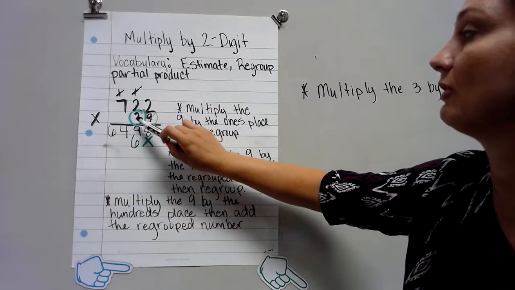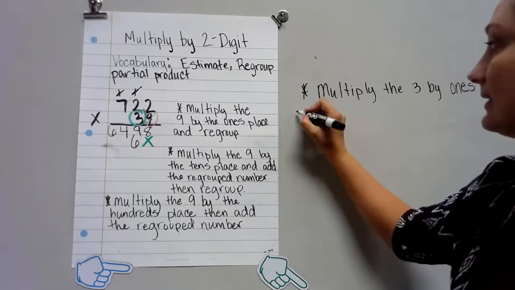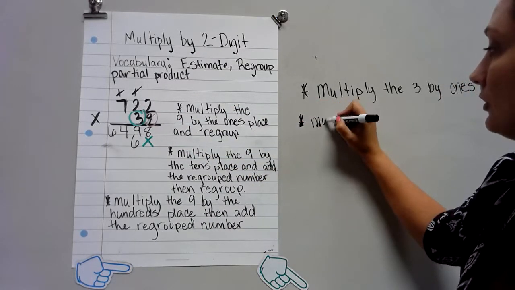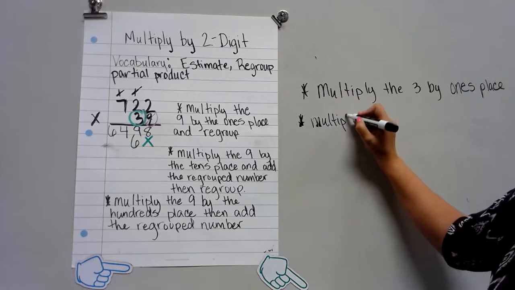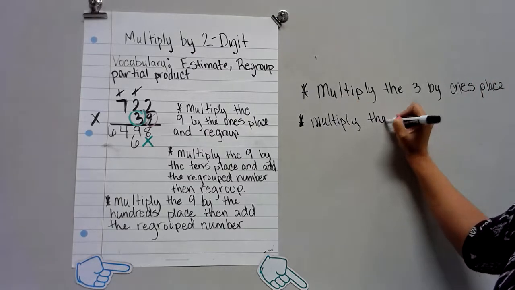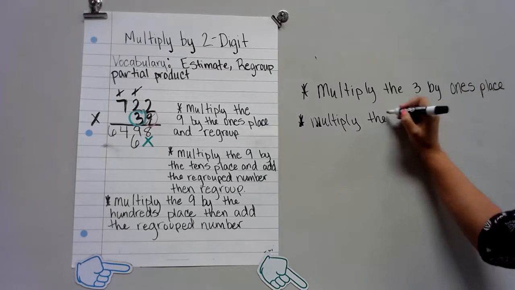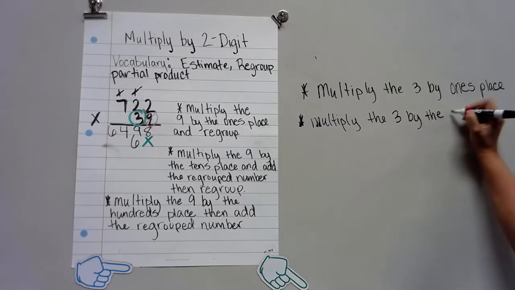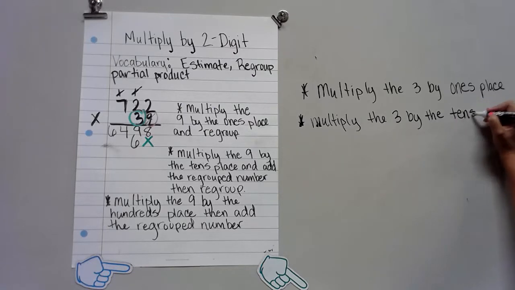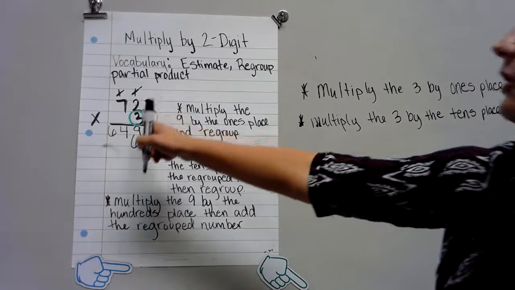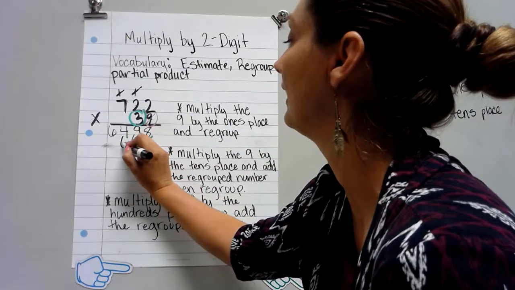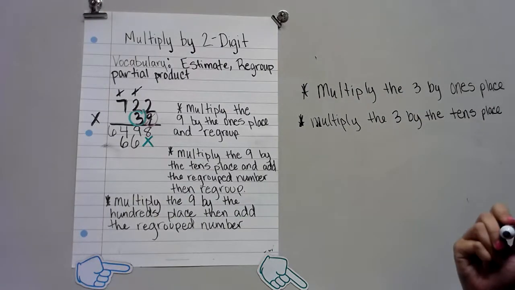Then I'm going to multiply the 3 by the tens place. So multiply the 3 by the tens place. Okay, so 3 times 2 again is 6, and I have nothing to regroup there.